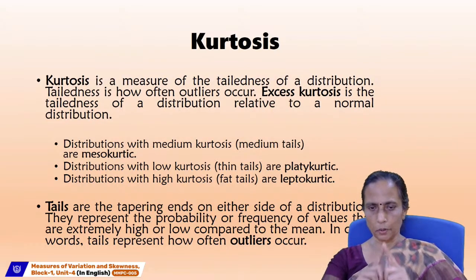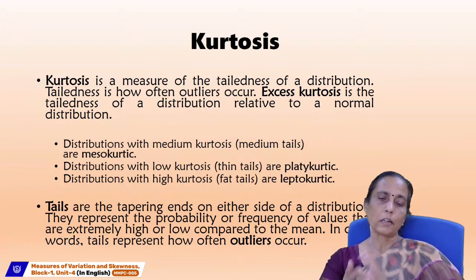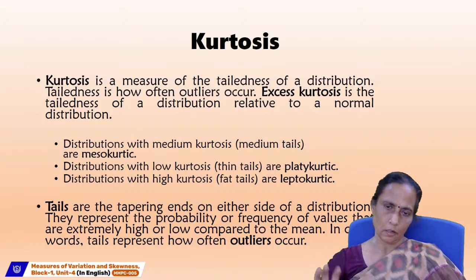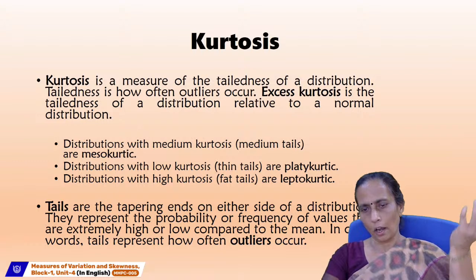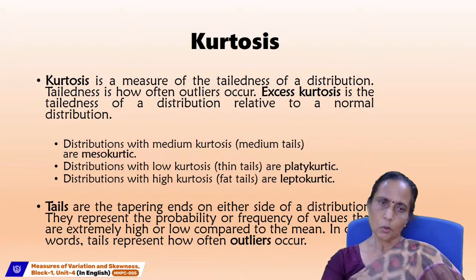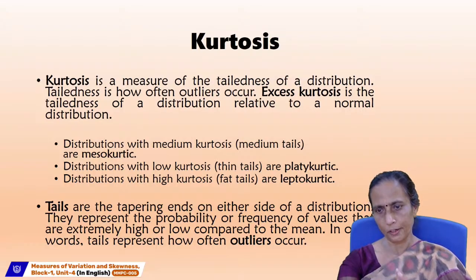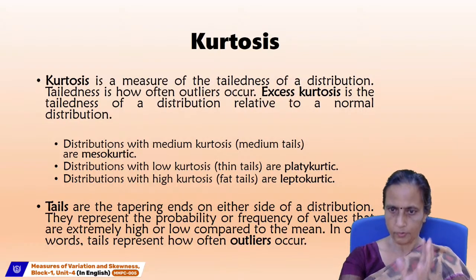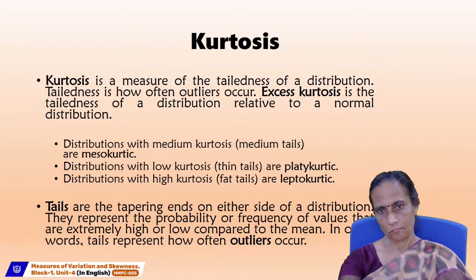Your distribution is moving in a specific manner, but suddenly something happens and your data values are either very high or very low. Your kurtosis is the measure of that, how often your situation goes abnormal.